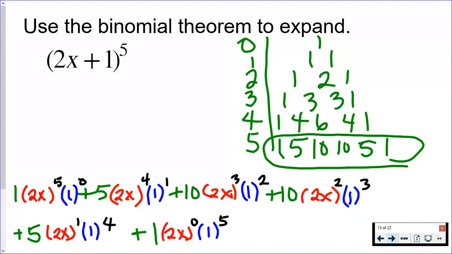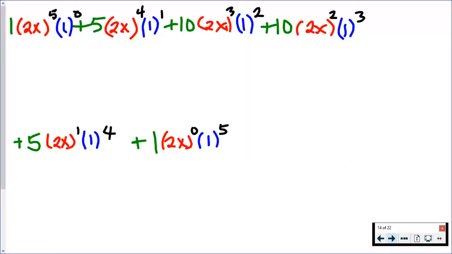Next, I need to simplify each of these terms, and this is where you need to be careful. So my first term, I have 1 times 2x to the 5th power. So the 1 is still just a 1. Now, if you have 2x to the 5th power, that means you have 2 to the 5th power and x to the 5th power.